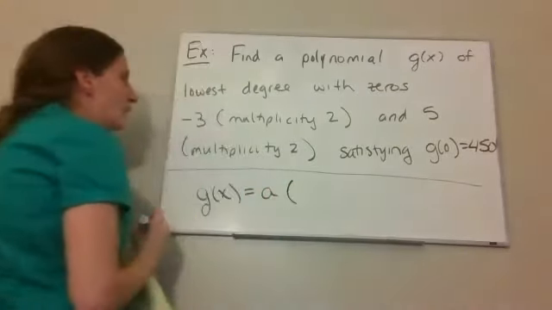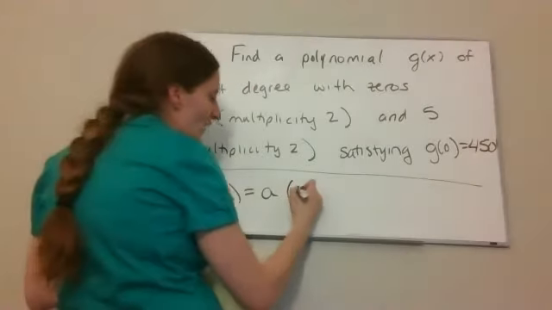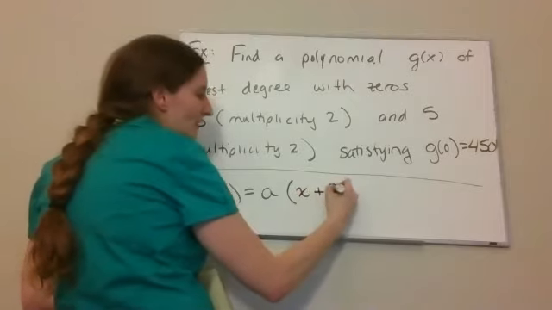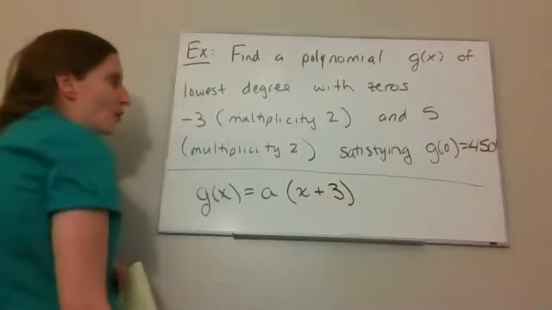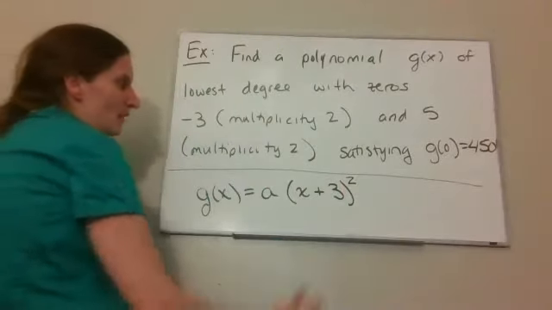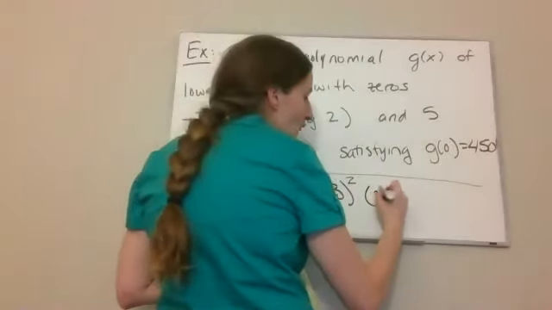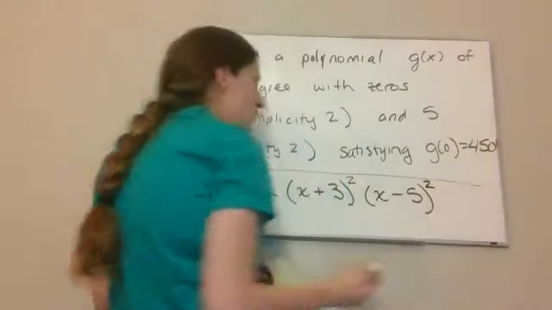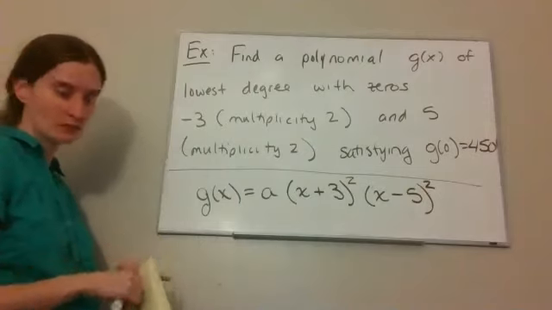My 0 of -3 means I have a factor of x minus a -3. That's x plus 3. Multiplicity 2 means it's squared. A 0 of 5 means x minus 5 is a factor. Multiplicity 2 means it's squared.